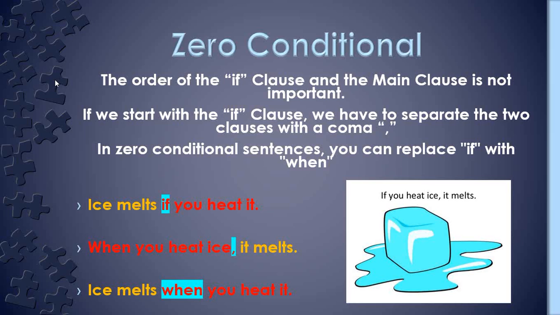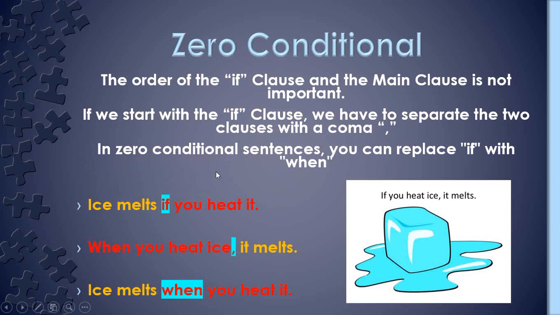It doesn't matter. Now, if we start with the if clause, we have to separate the two clauses with a comma. This is very important. If the first clause is the if clause, we have to separate it from the main clause with a comma.